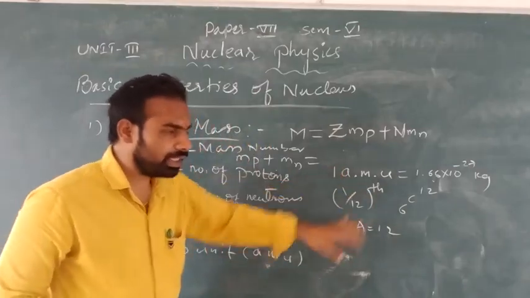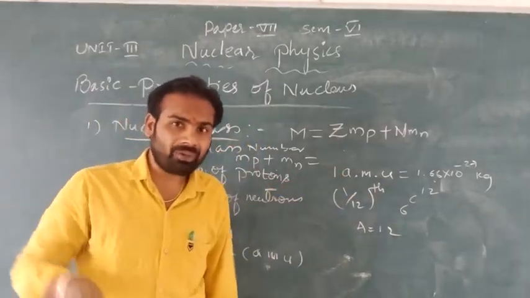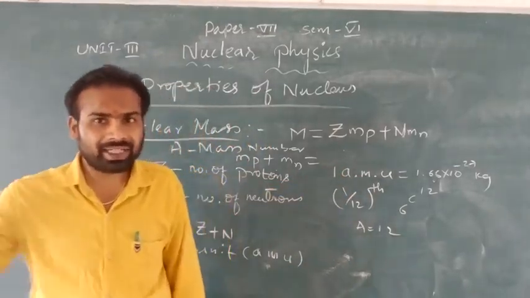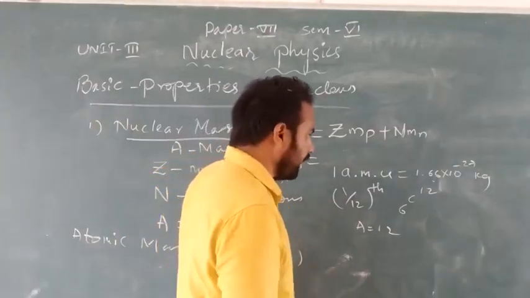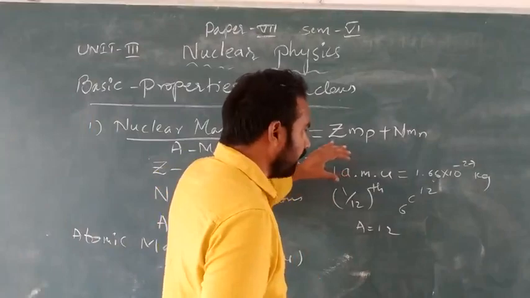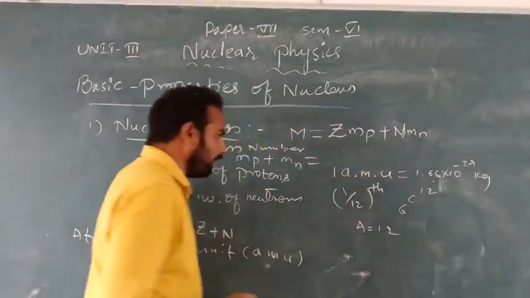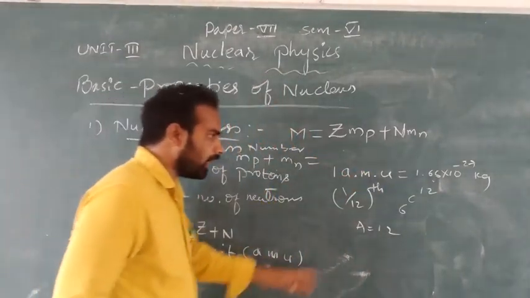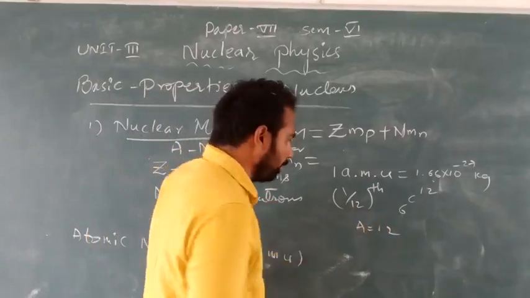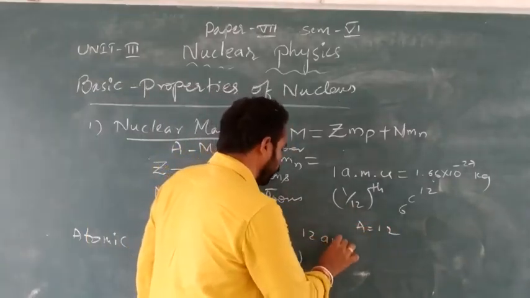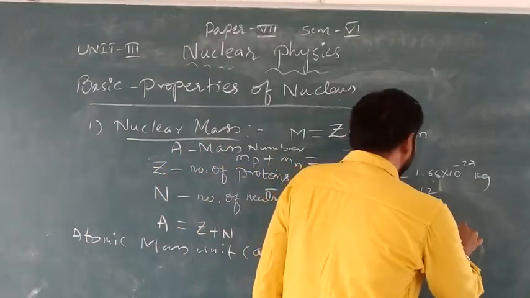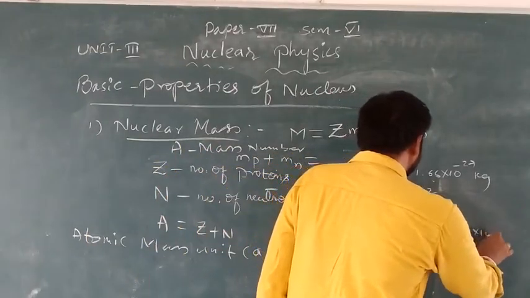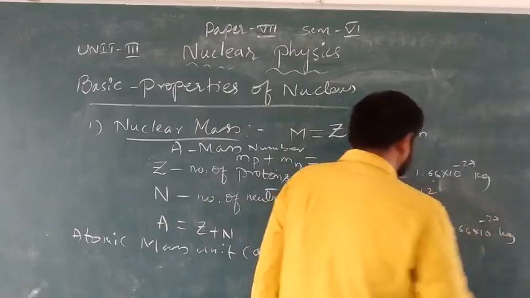This atomic mass unit can also be represented in energy form, if mass is converted into energy according to Einstein's mass-energy relation. The carbon atom has a mass of simply 12 AMU, which is 12 into 1.66 into 10 power minus 27 kg.